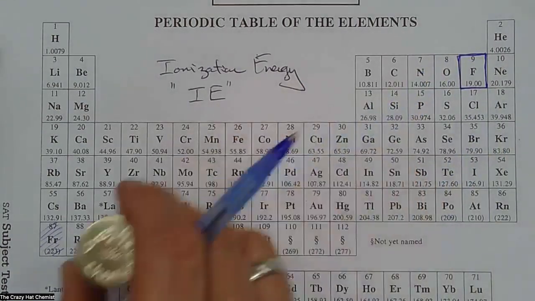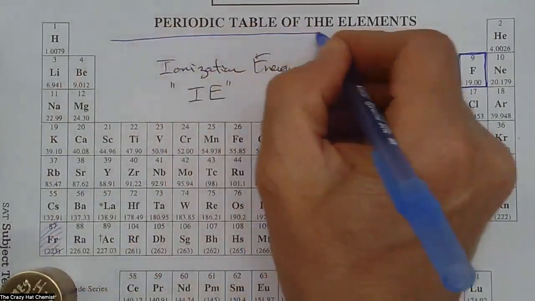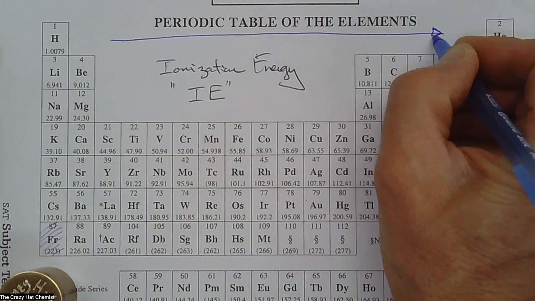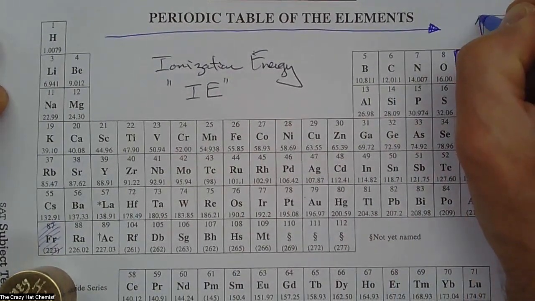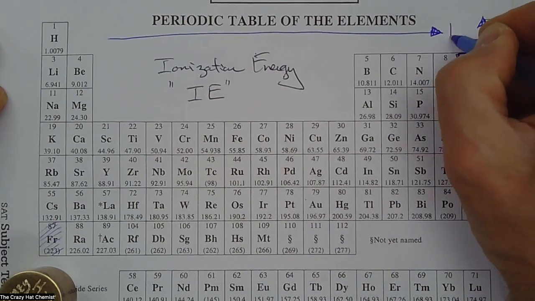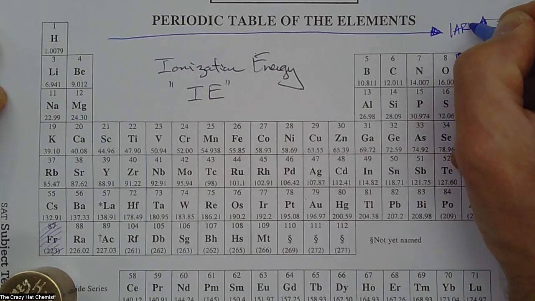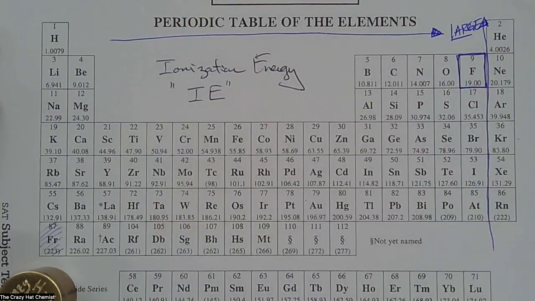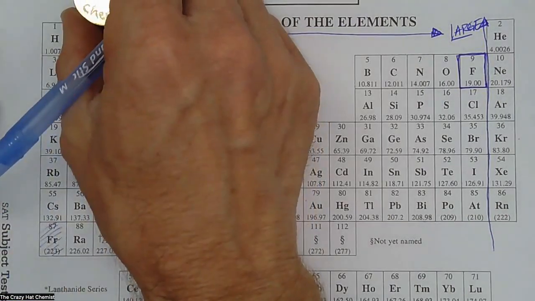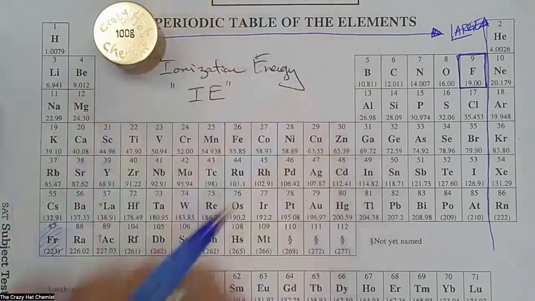So ionization energy follows the following trend. It gets larger as you go to the right and larger as you go up. So this is large in terms of ionization energy. Okay, so let's see if we can answer these questions based on this information.